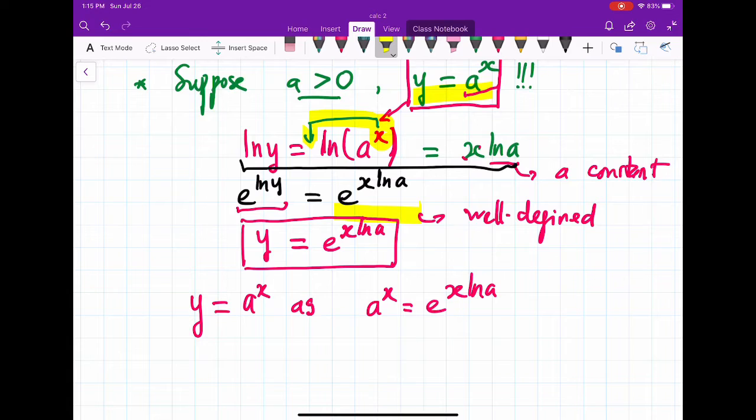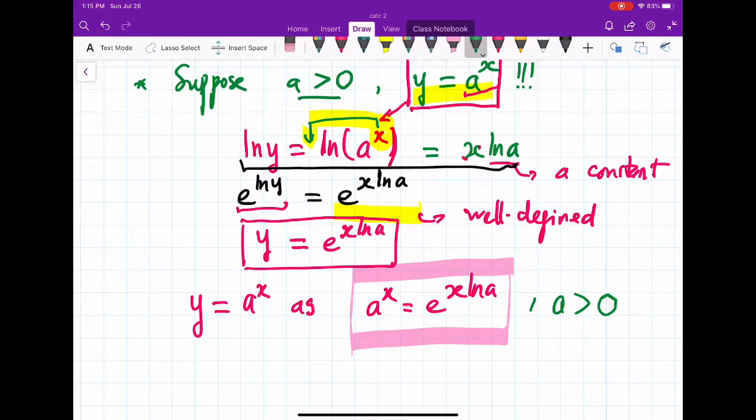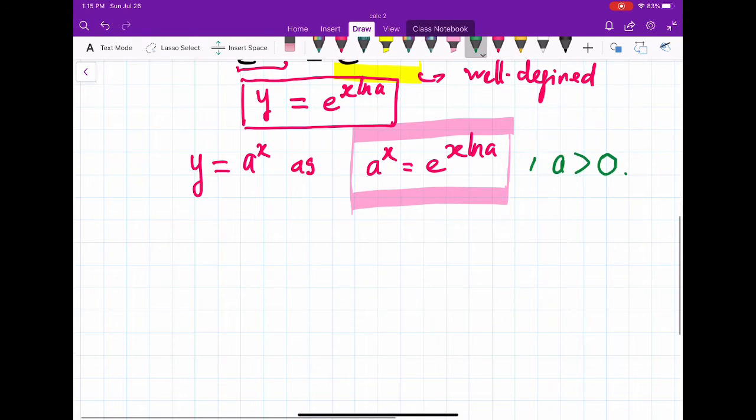Okay, so we will take this as the definition of the function a to the x, the exponential function to the base a, where a is a positive number.